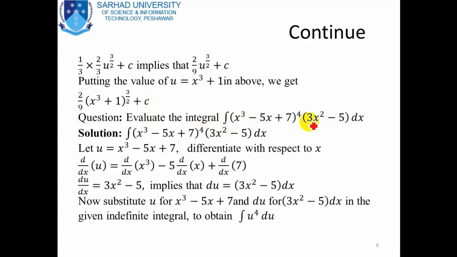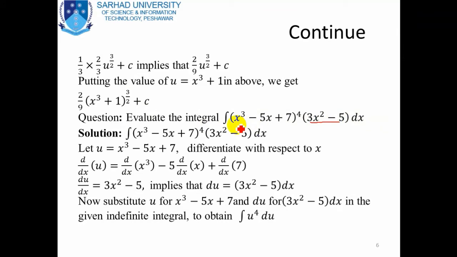So dear students, if we suppose 3x square minus 5 is equal to u, then after differentiating, we will not get this term.